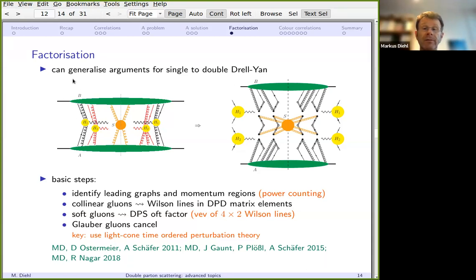If you have these soft gluon exchanges here and there, they are soft gluons coupling to very fast moving things in one or the other direction. And these soft gluons can be decoupled by an approximation, which for the experts is called the eikonal approximation, which people doing small x scattering know very well because it's their bread and butter in a sense.